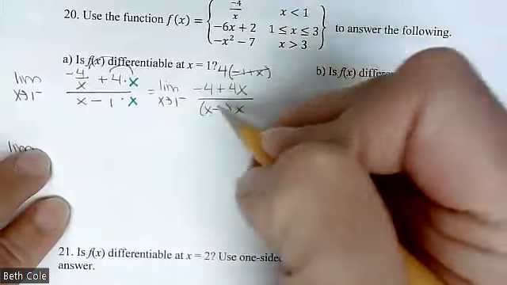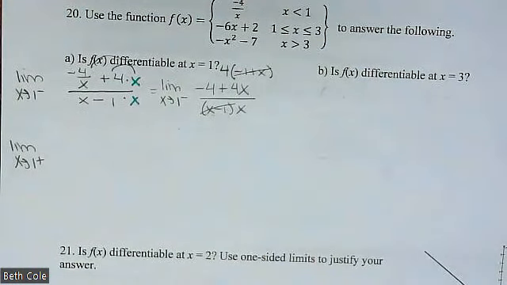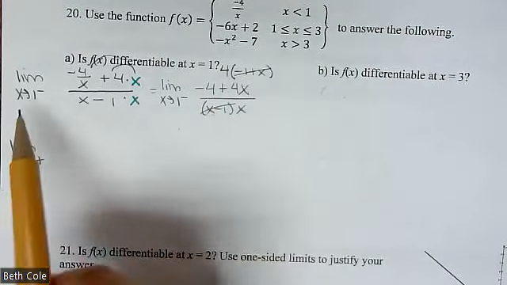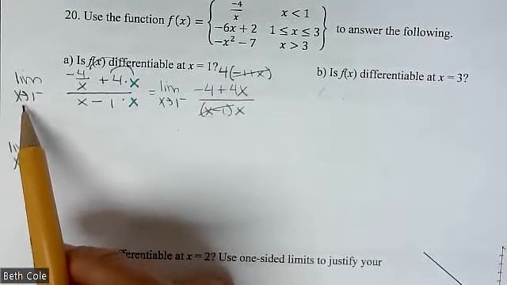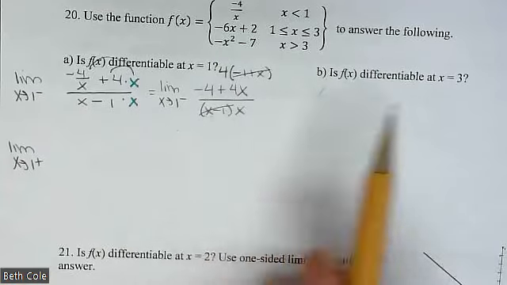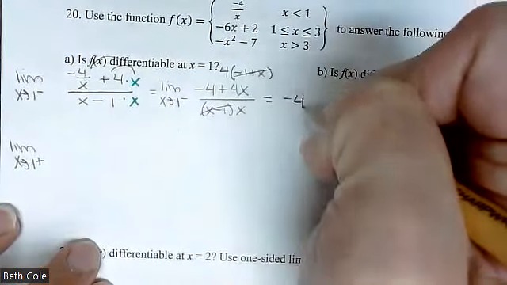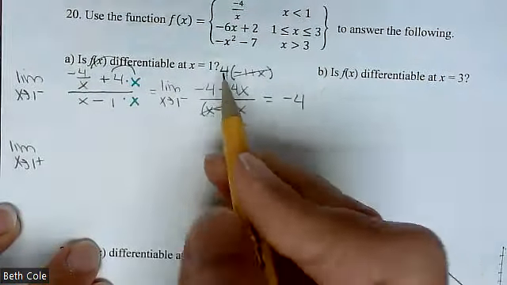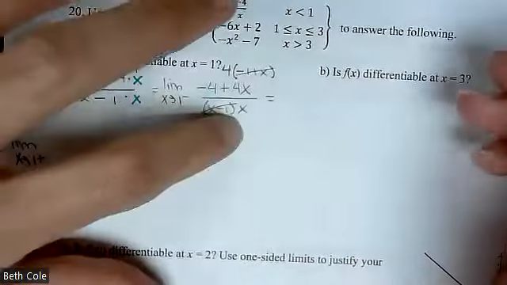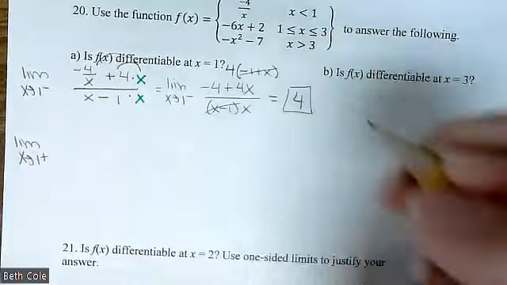Okay, so those cancel. And then you get -4 over x, but what do you plug in for x? 1. So it would be -4 over 1. Oh, I'm sorry, +4. We took out a +4. 4 over x. When you plug in 1, you get positive 4. Phew.